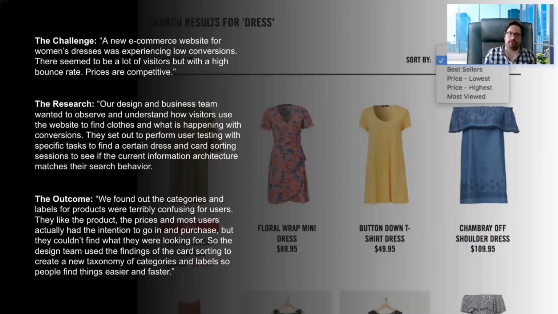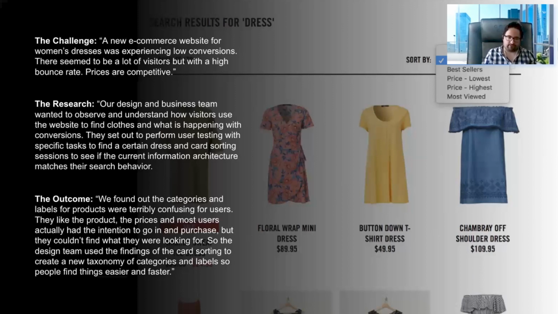The research entailed that the design and business team wanted to observe and understand how visitors use the website in order to find clues about what was happening with the conversions. So they performed user testing again with specific tasks, like finding a certain dress, and a card sorting session to find out if the current information architecture matched their search behavior. What they found was that the categories and the labels of the products were terribly confusing for users.